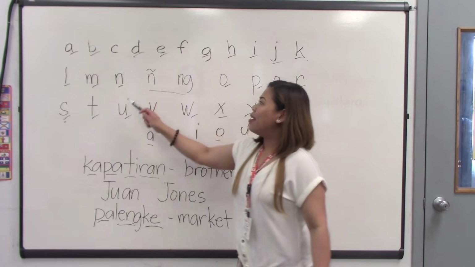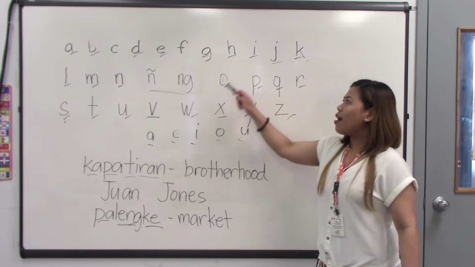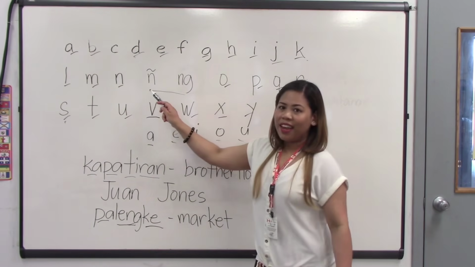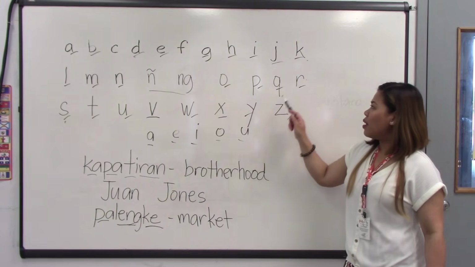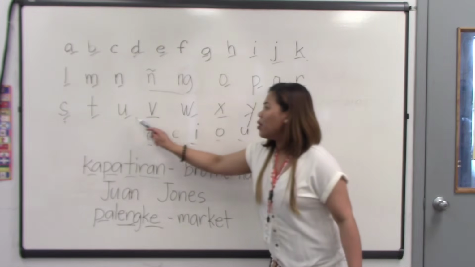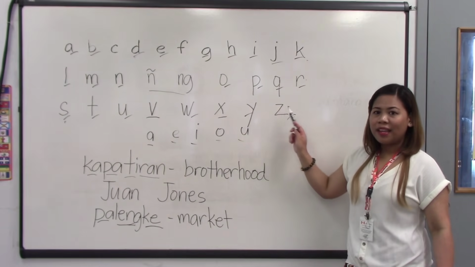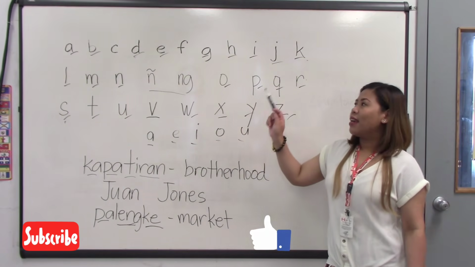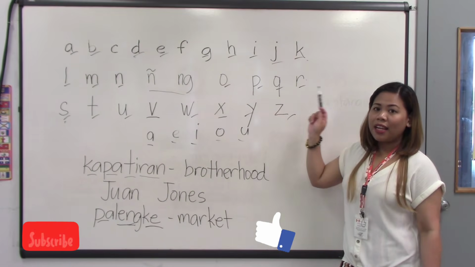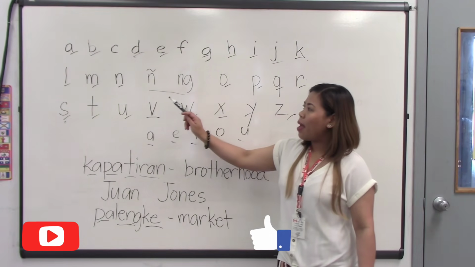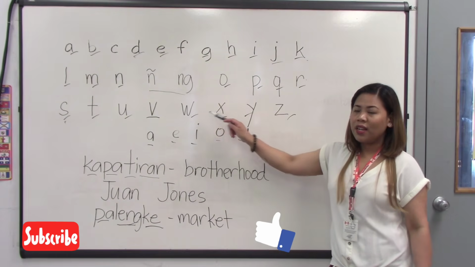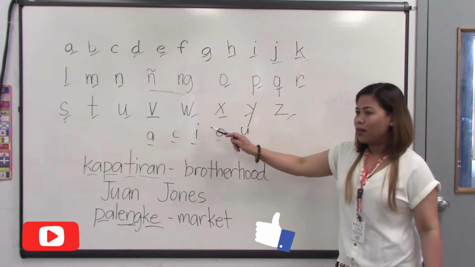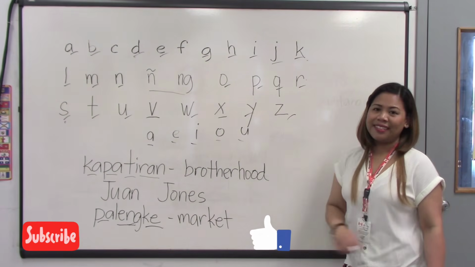It's A, B, C, D, E, F, G, H, I, J, K, L, M, N, NG, O, P, Q, R, S, T, U, V, W, X, Y, Z. Can you try it? Again.